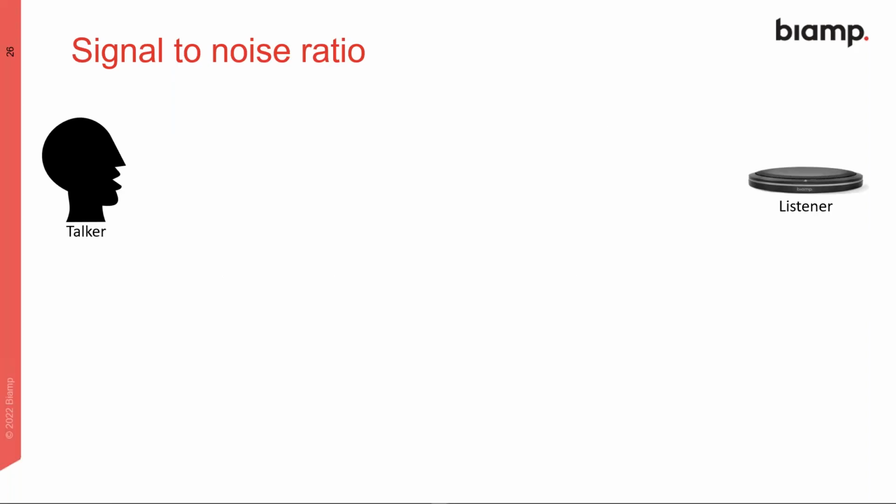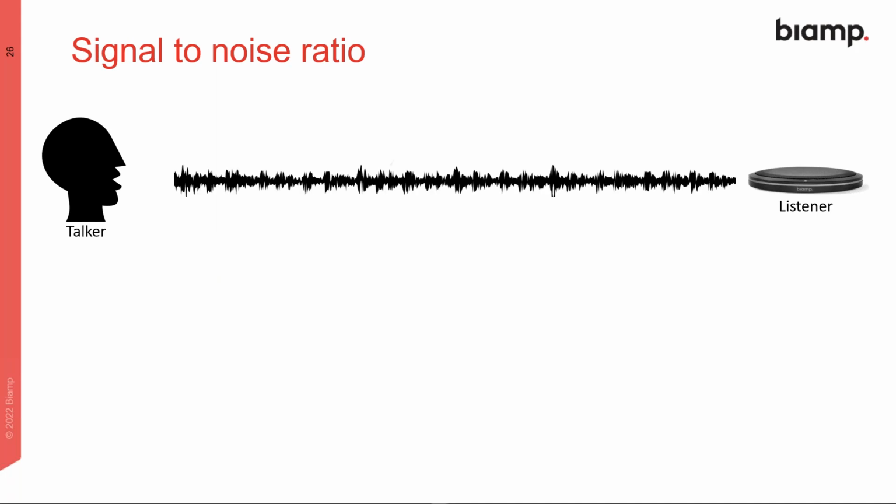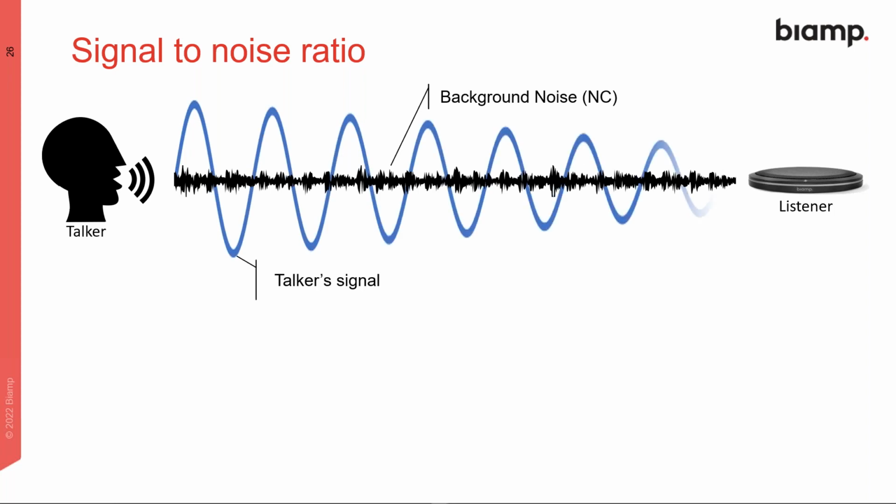And I make no apologies for stealing this slide out of the Parlay optimization training. So anyone who's attended that before, I apologize. But it's a good way to illustrate the concept. So we're looking at background noise here, but the concept applies to reverb as well. But this is a much easier way to understand it. So we've got our background noise and we've got our talker signal.